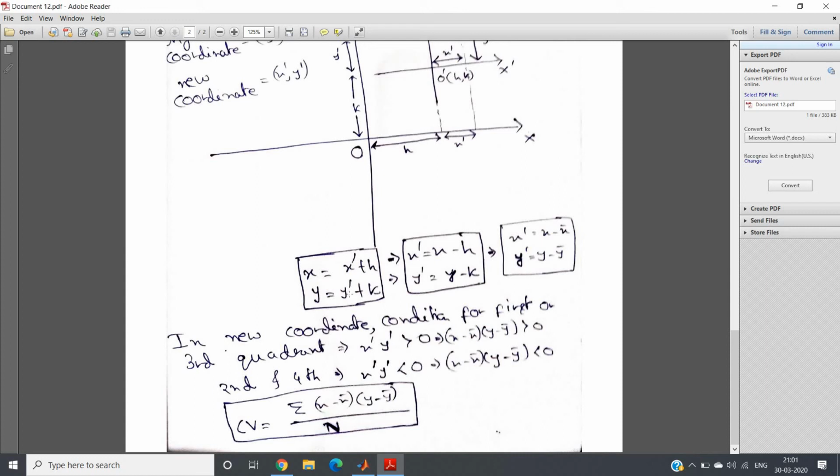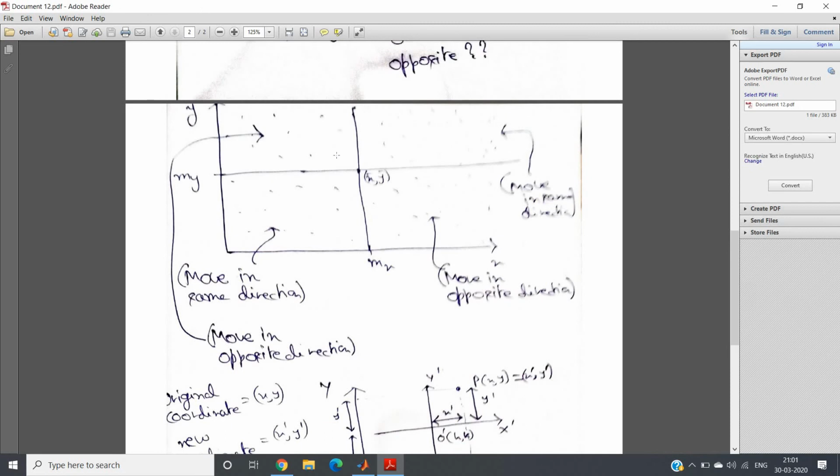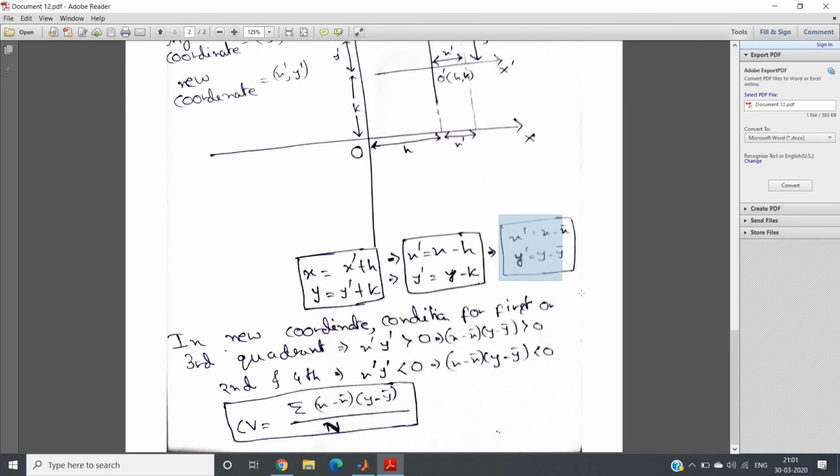So from here we can conclude x bar, x dash equals x minus h, y dash equals y minus k. In our particular case our shifted origin is x bar, y bar, so we can say x dash equals x minus x bar, y dash equals y minus y bar.